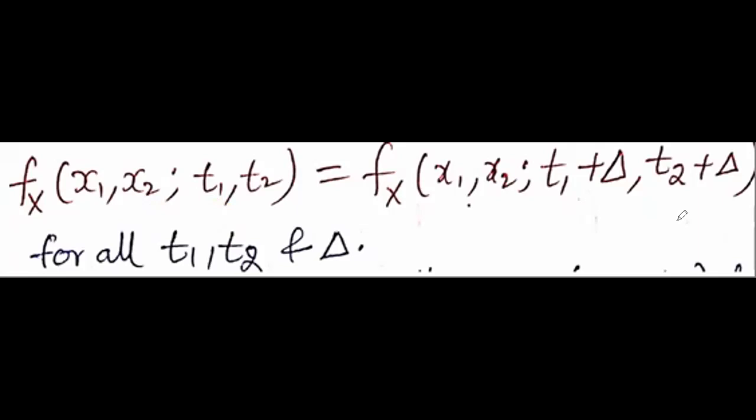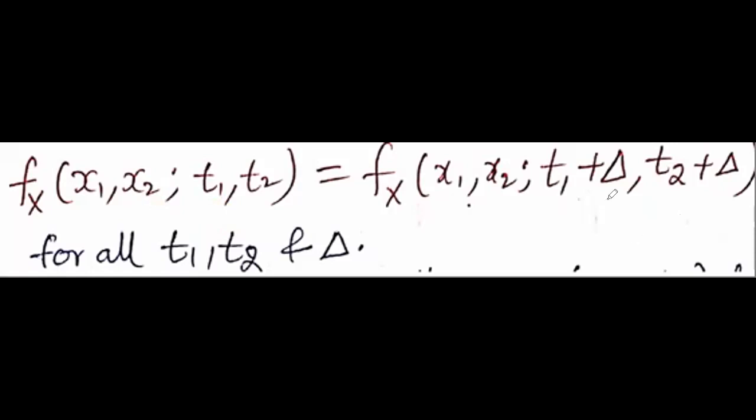And now we would like to see the condition for a second order stationary process, right? So if a second order stationary process is going to be maintained like this, that is, its autocorrelation function depends on only time differences, but not on absolute time.